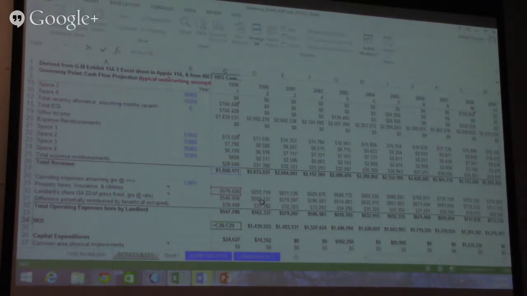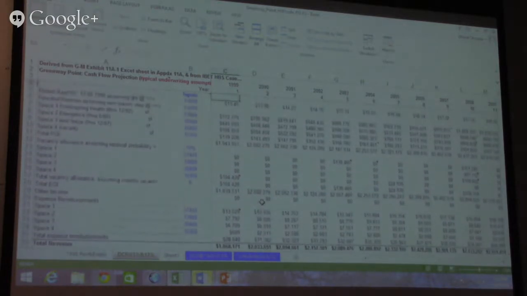I have a question on your top line for the rents. The very top line? I think it's listed as 1306 in 1998. You use the inflation, the percent growth.